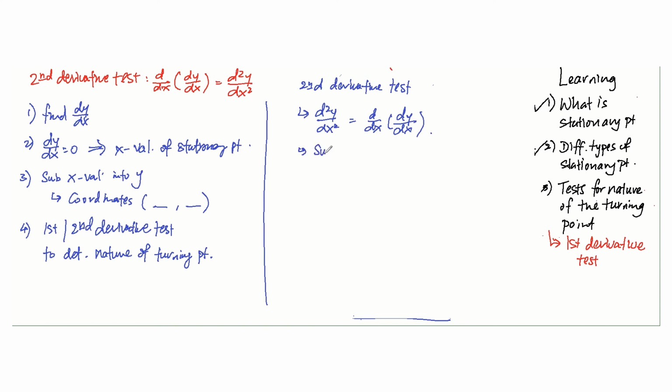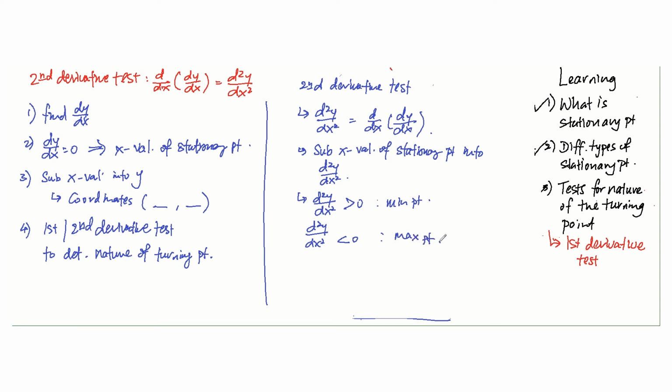Then I need to sub in the x value of our stationary point, which I've just shown you earlier, into my d²y/dx². And I also went through with you guys, if d²y/dx² is greater than 0, that should give us a minimum point. If my d²y/dx² is less than 0, that should give us a maximum point.